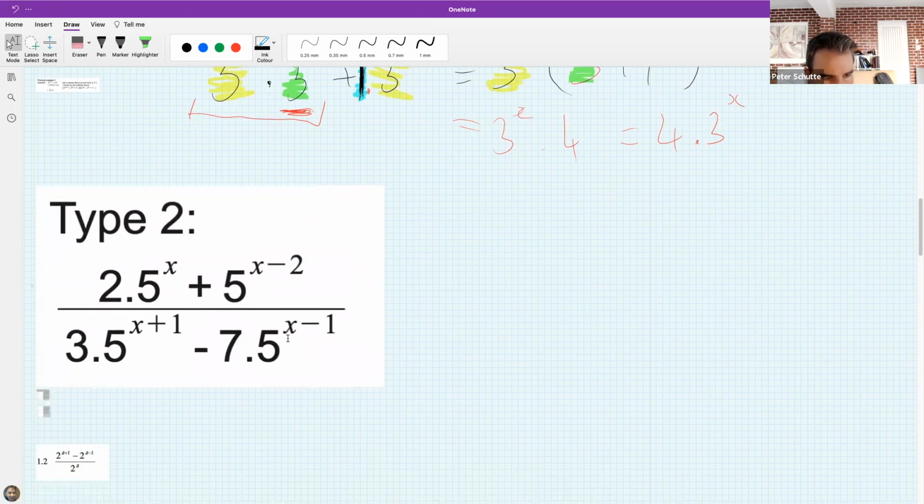So, if we look at this question to start with, the top line is an addition, the bottom line is subtraction, and the key word in the question is to simplify this expression. So let me make sure that that is clear. You need to simplify. Now, you cannot use the techniques of the laws here because it's addition and subtraction.